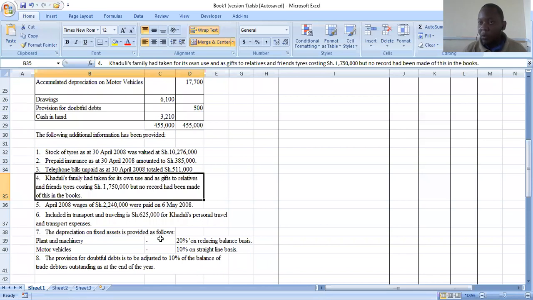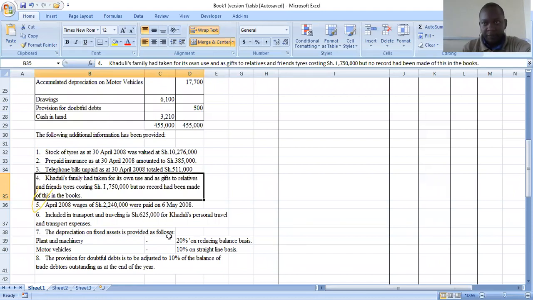Whenever goods are withdrawn by the owner for personal use, we credit purchases account and debit drawings account.